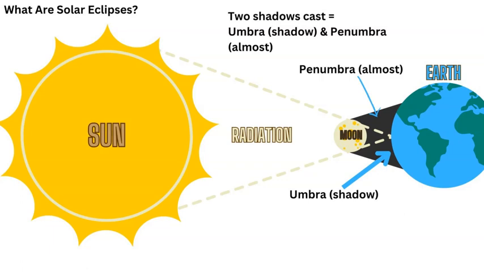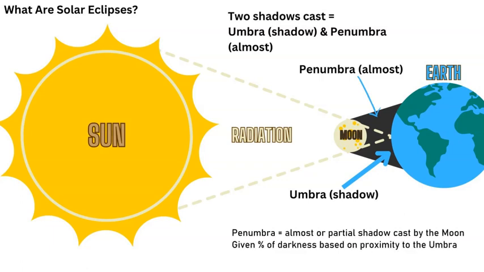Now, the umbra is the smallest shadow directly behind the moon, and it casts the darkest shadow. And on the side of the umbra, you have the penumbra, which is the partial shadow created on the outside of the darkest shadow, and you get a percentage of an eclipse in this area or region as the solar eclipse passes over you.